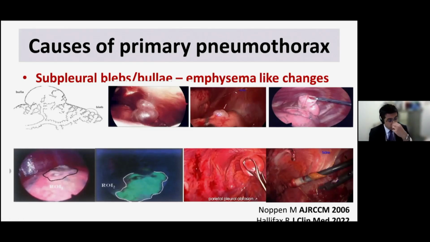And when he changed from white light to autofluorescence thoracoscopy, you can see that there were actually defects in the visceral pleura, which gave rise to the theory of pleural porosity. Basically, there are areas in the visceral pleura where patients may be leaking air. And this probably forms the basis of our surgical colleagues doing pleural abrasion or pleurectomy in these patients.